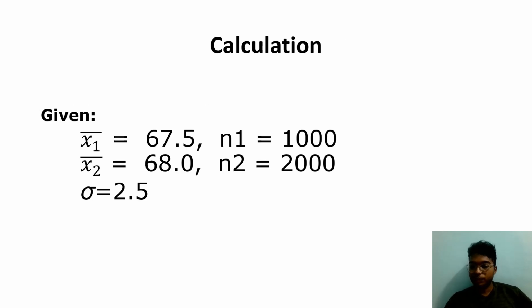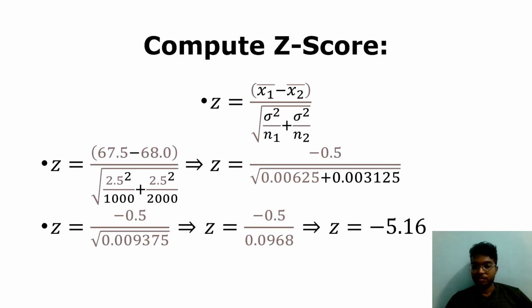And now we will substitute our given values in that particular formula. So we have x1 bar equals 67.5 and n1, that is size, equals 1000, and x2 bar is 68.0 and n2 is 2000 and sigma is 2.5.